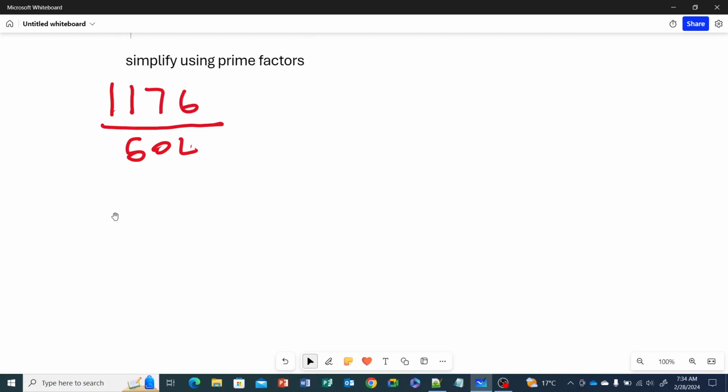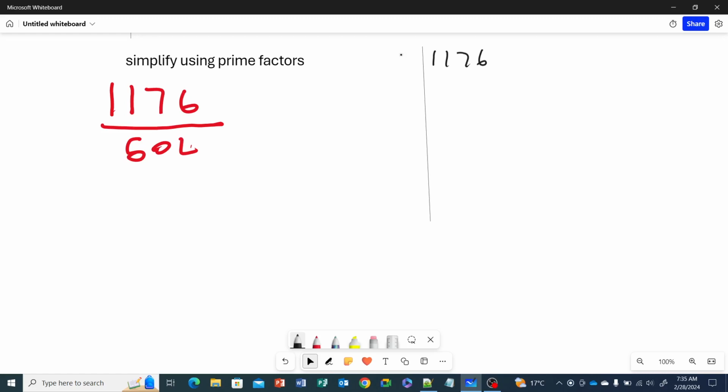Now, how do you simplify this using your prime factors? Just like we did before, we take 1176 and we are simplifying it. So 1176, guys, is an even number. You can divide by 2, then you are going to get 588.